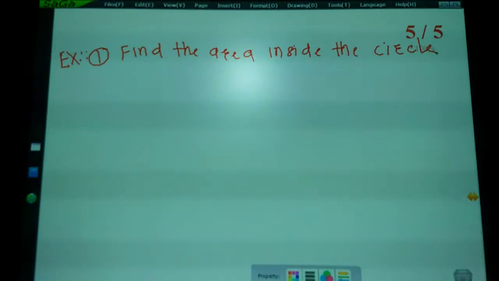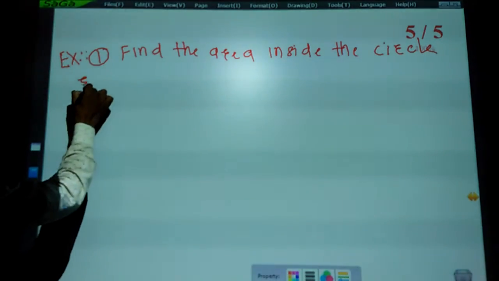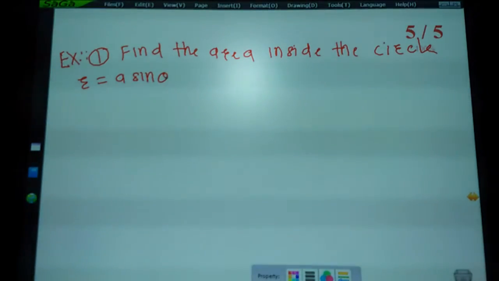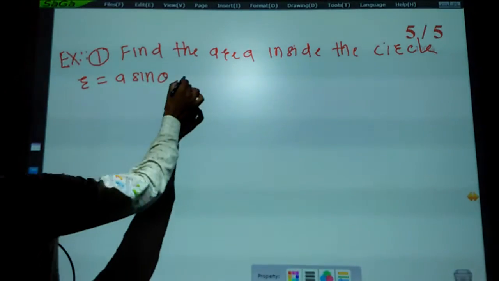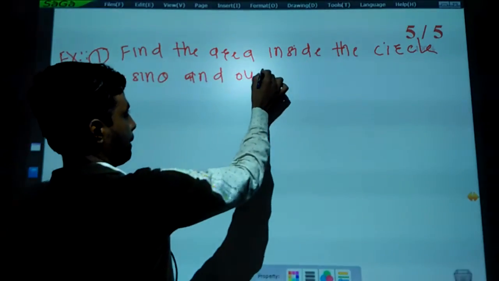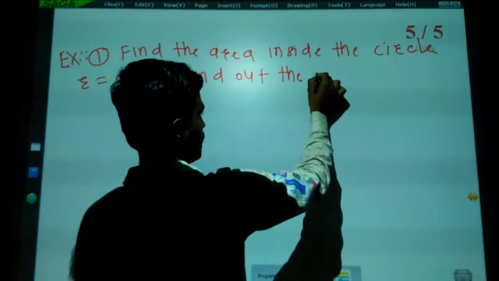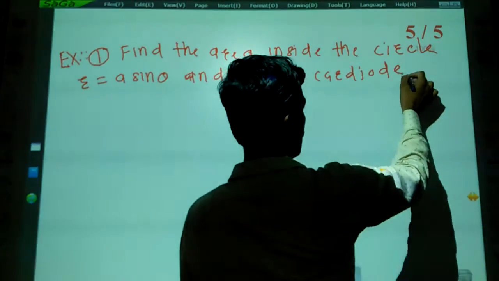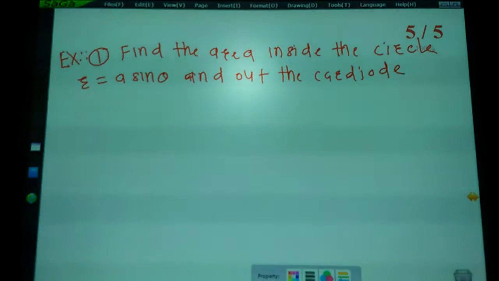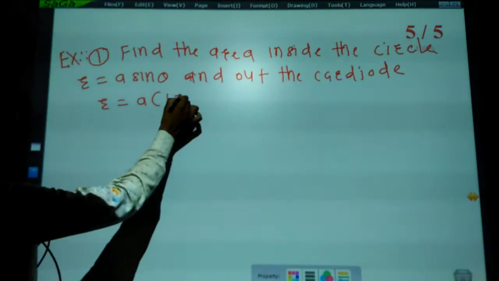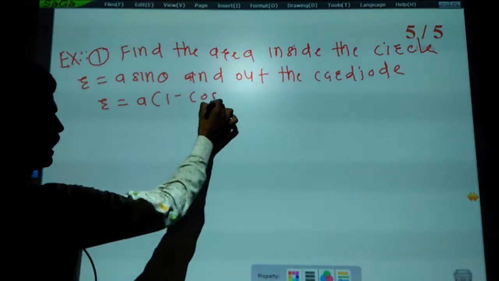Find the area inside the circle, given that r is equal to a sin theta, and outside the cardioid, and the cardioid is given by r is equal to a times 1 minus cos theta.